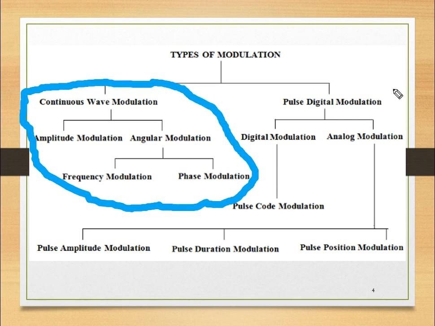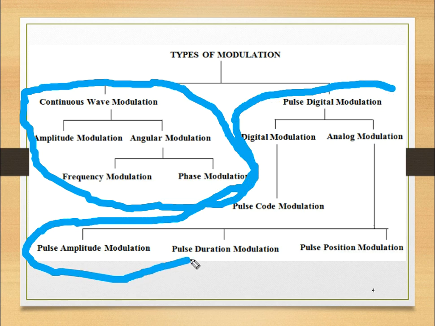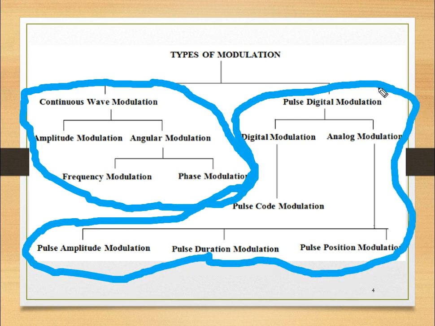We are now moving to here, and not even to here, but also to other techniques as well. So here we start with pulse modulation, and pulse modulation can be divided into digital modulation and analog modulation. Digital modulation we go to pulse code modulation, PCM, and analog modulation includes pulse amplitude modulation, pulse duration modulation, pulse position modulation.